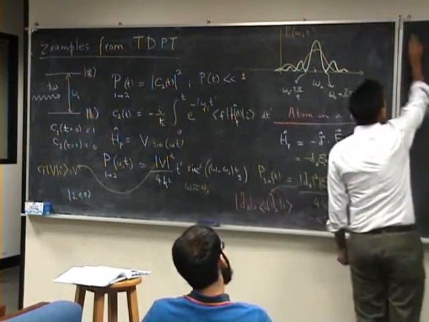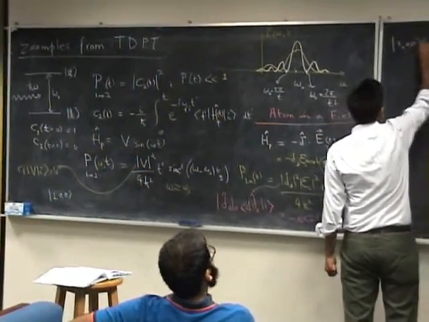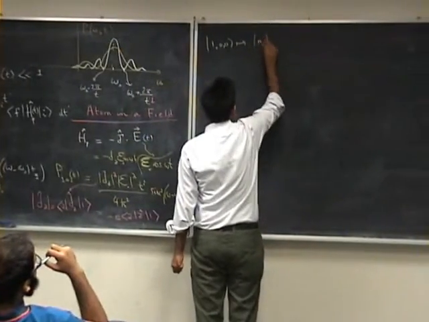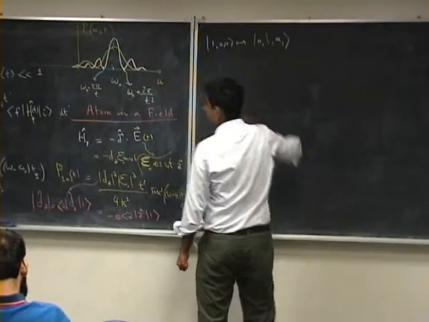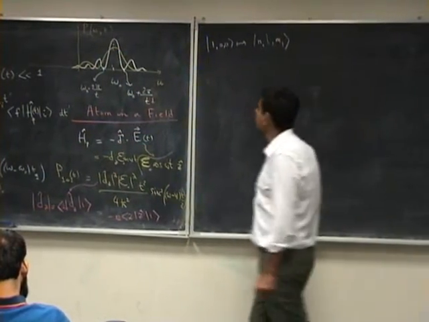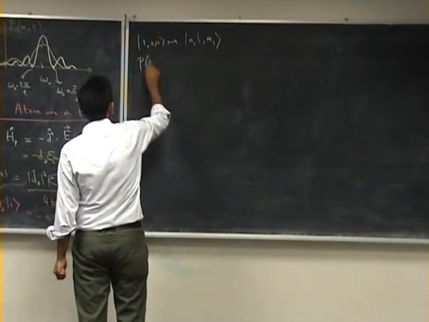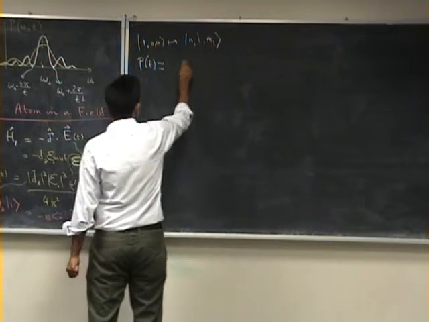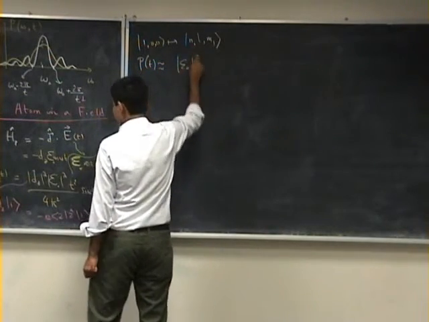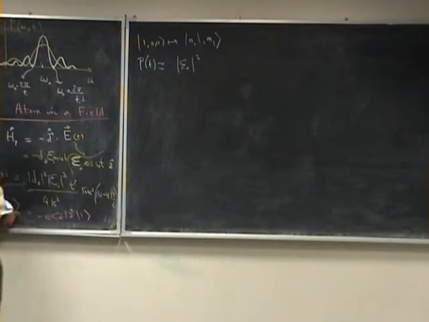So you're going from 1, 0, 0 to n, l, m_l.